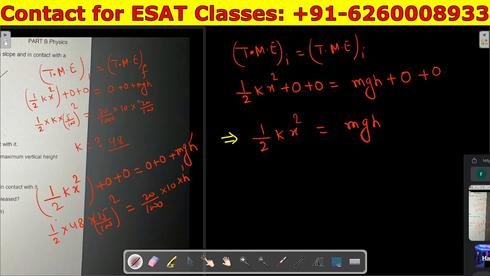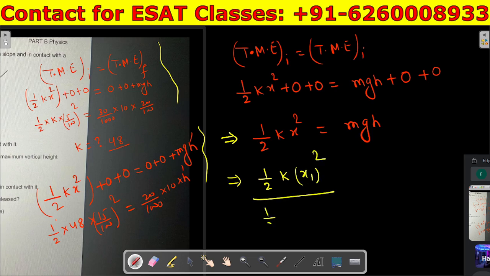See how? Now you have two situations, the first situation and the second situation. If you take the ratio, half k will be the same for both: half k x1 whole square upon half k x2 whole square. This is the first case and this is the second case, all the information related to first and second.